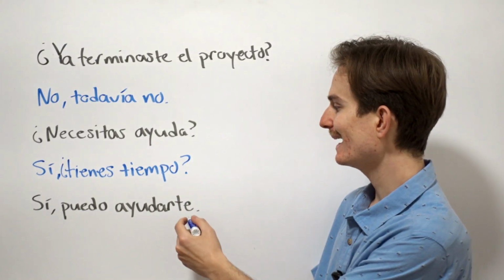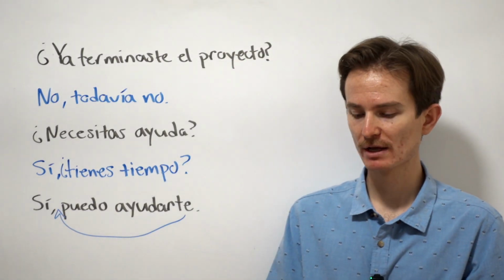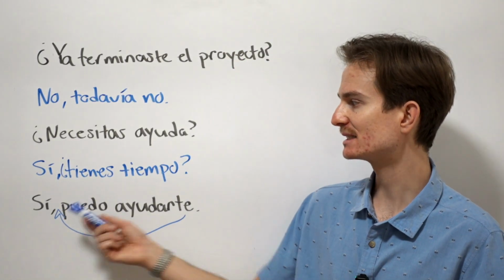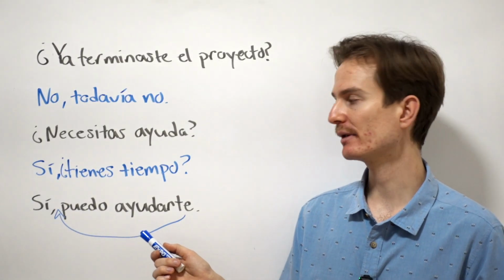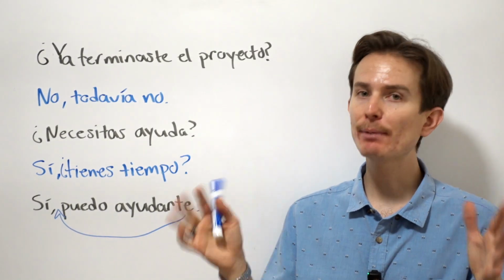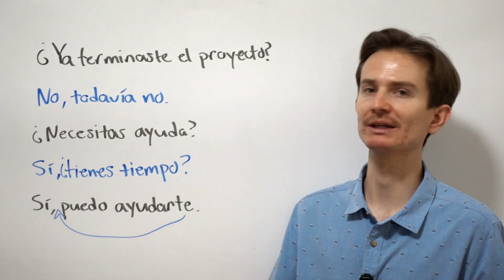So now, "te" goes from here all the way to in front of "puedo." So you can say either or, and they both mean the same thing. So you can say, sí, te puedo ayudar. Sí, te puedo ayudar. Or you can say, sí, puedo ayudarte. They both mean the same exact thing, and it's just your personal preference where you put the "te" in the sentence.